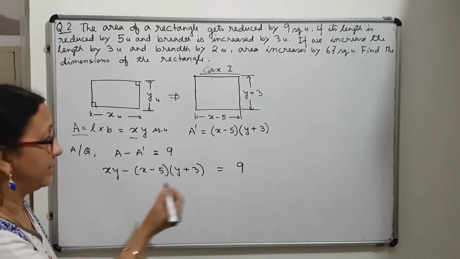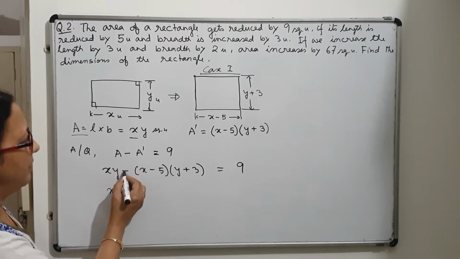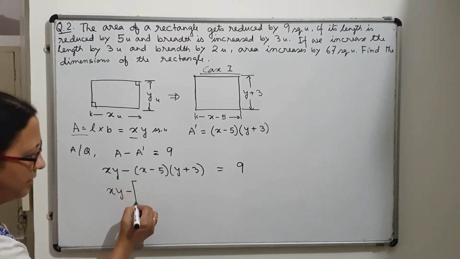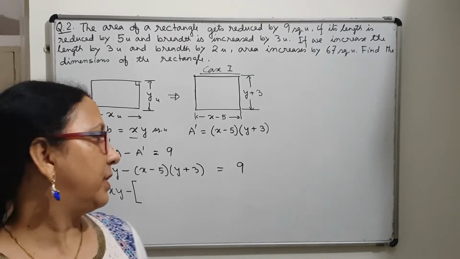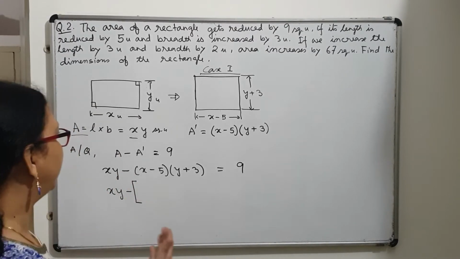So let us simplify this now. Xy, and now whenever there is a minus sign, always put a bracket so that you can avoid sign mistakes. It is very important while doing algebraic simplification.